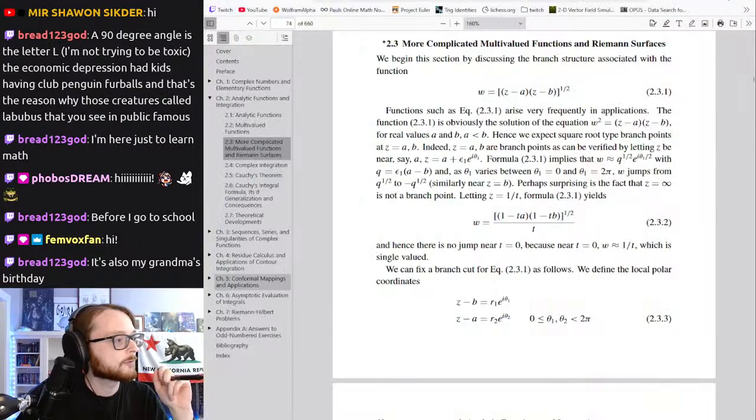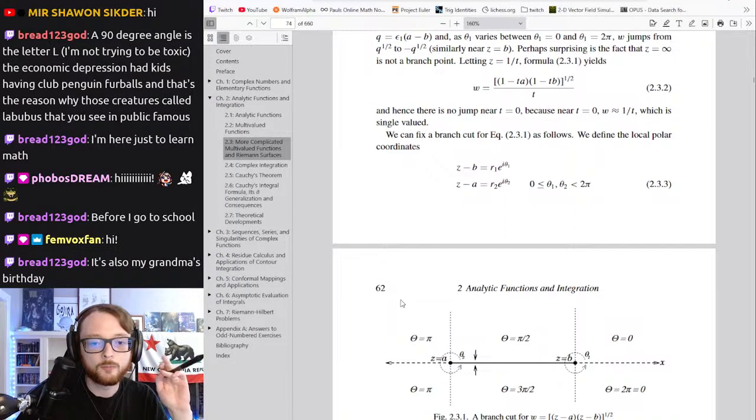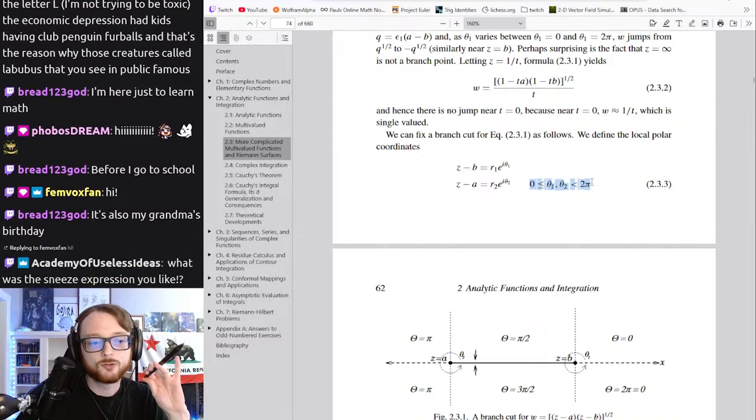Okay, so that's the first thing that I wanted to learn about branch cuts with this function. But the next thing I want to know is, how does the choice of range for your angles determine the nature of the branch cut?